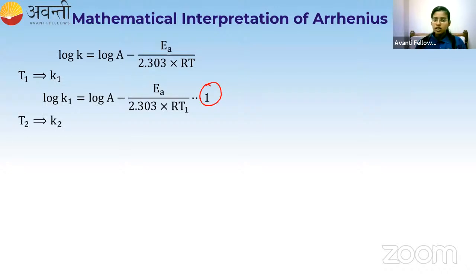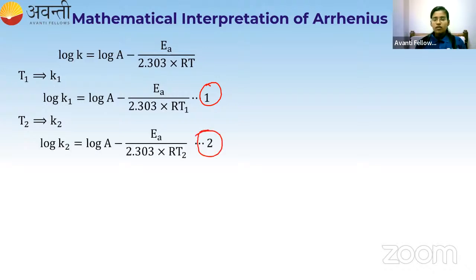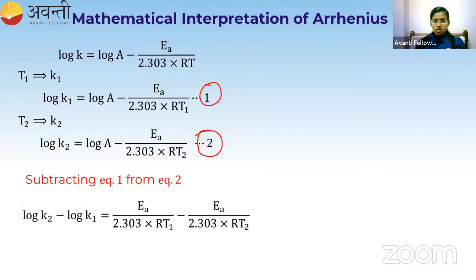Now on substituting these two values, I will get equation 2. Now I have to subtract these two equations. Subtract equation 1 from equation 2. So how to subtract? Log K2 minus log K1. So this whole term minus the equation 1 term. Okay. So this is what we are getting.